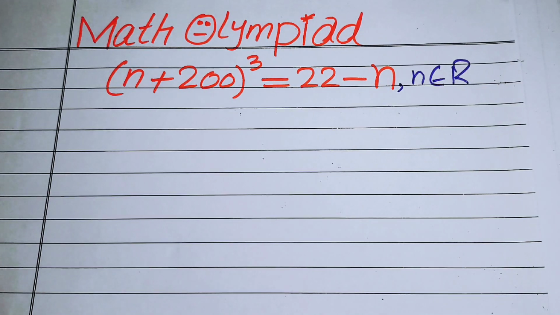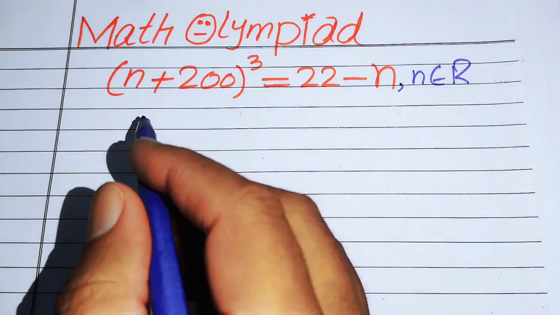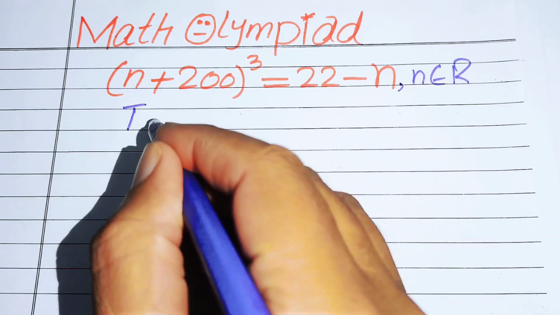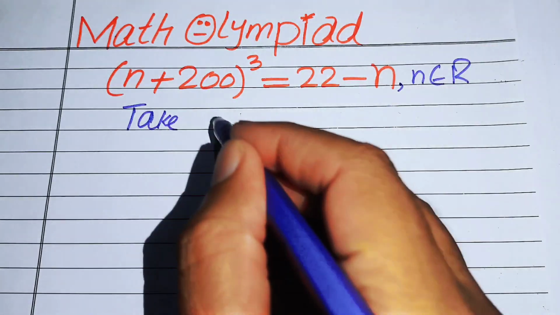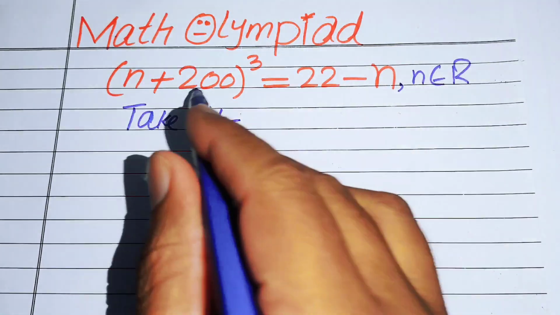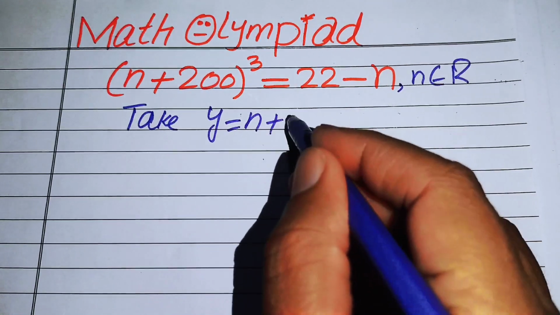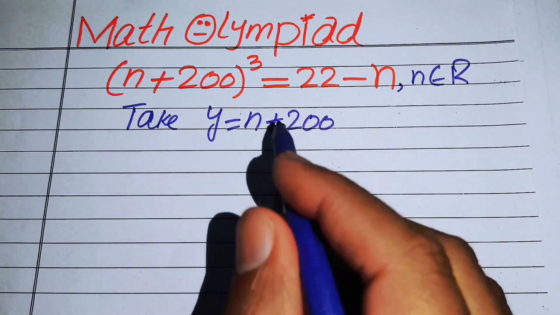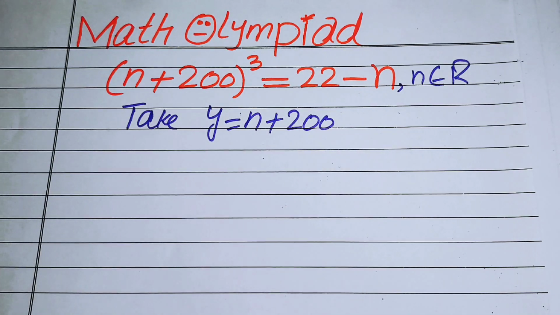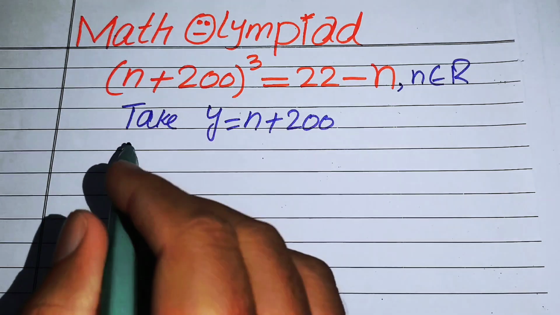So the very first thing we are going to do is take y equals n plus 200, and now we can simplify this given equation. So in order to make some simplifications here, I can just take y equals n plus 200.